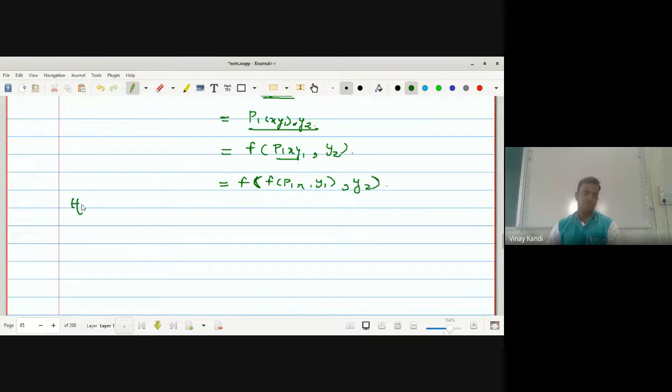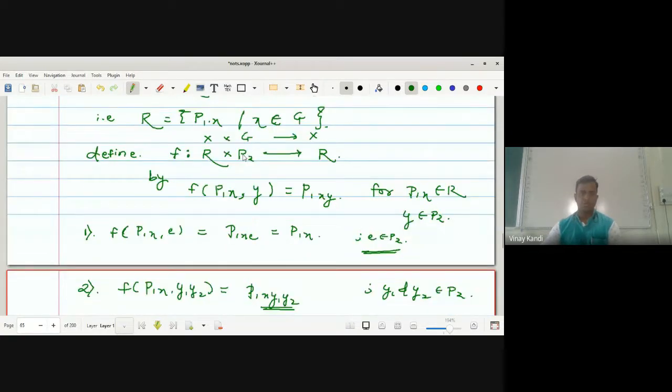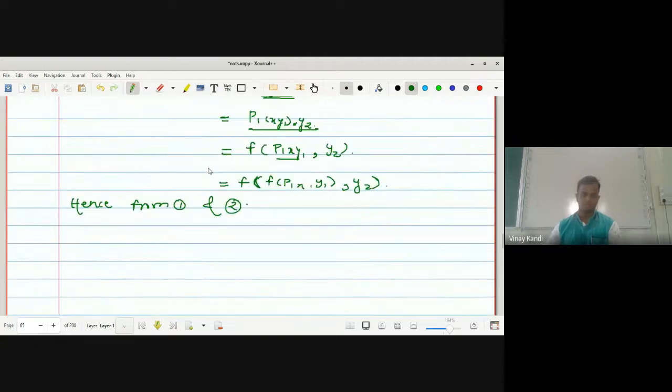G acts on x now. So here p2 acts on R. That is, R is the p2 set, and p divides the order of p2.